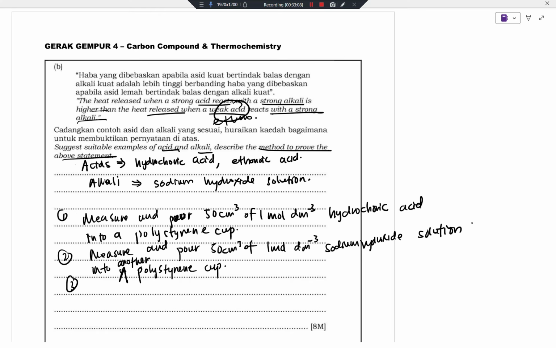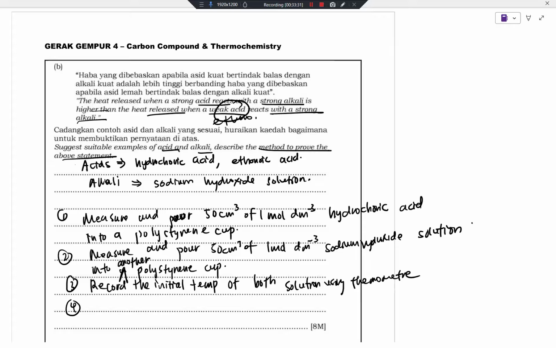Okay, then அதை வந்து என்ன பண்ணும், quickly and carefully இல்ல, அதுக்கு முன்னாடி record the initial temperature பண்ணணும். Record the initial temperature of both solution using thermometer.